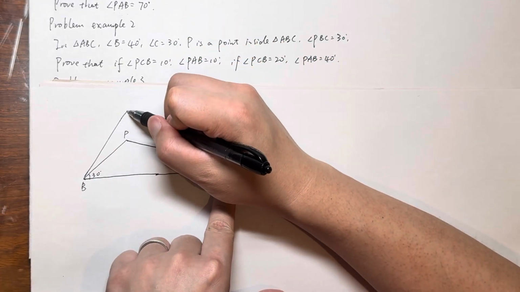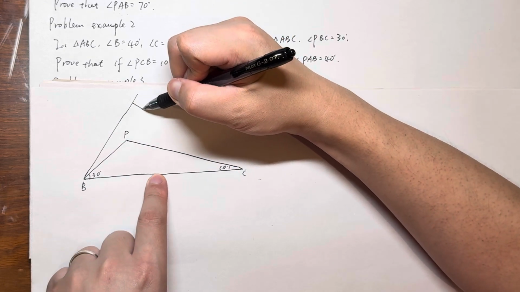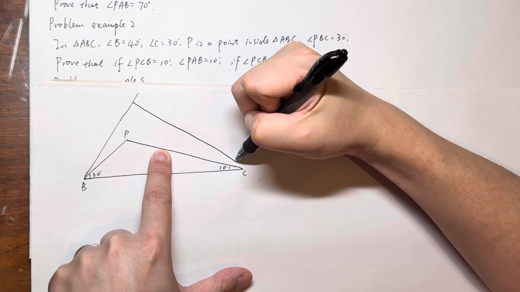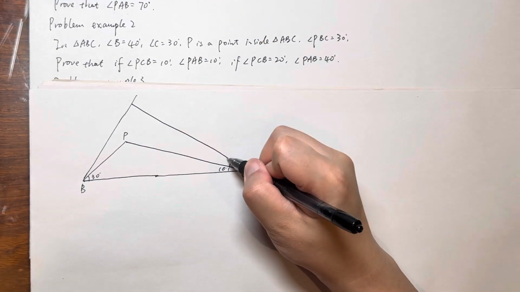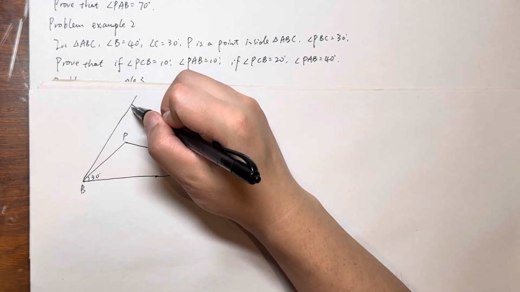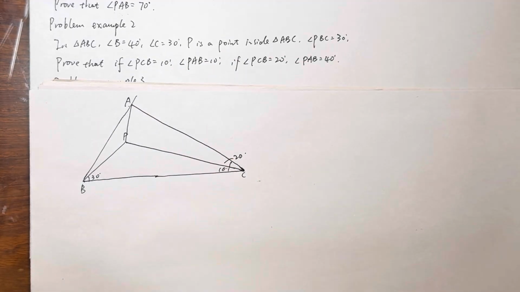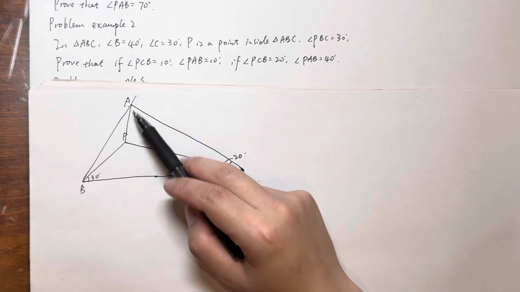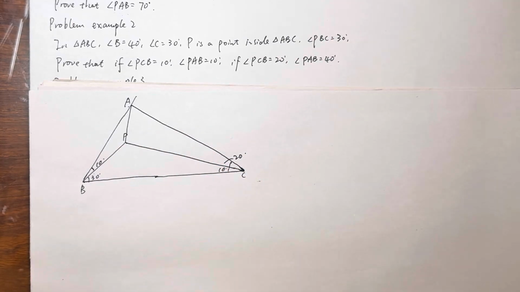So roughly say this is 20. And now we want to find the angle PAB. We want to prove that angle PAB equals 10. And we know this is 10, right? Because this angle B is 40.